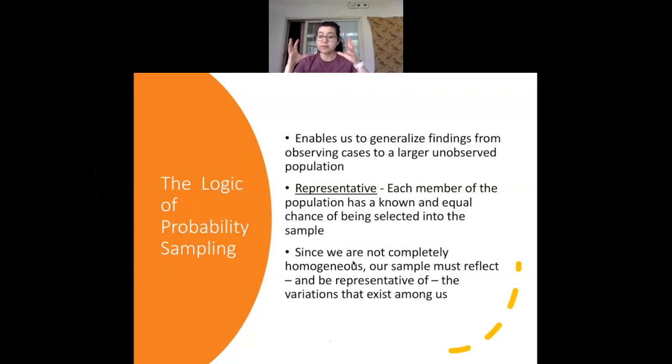So each member of our sample has equal probability of being selected into the sample. So that means that the mechanism by which we're getting people needs to be random. And sometimes it's hard to do that, so there are means that researchers can use to get closer to random.